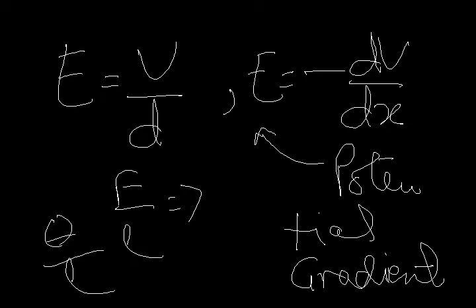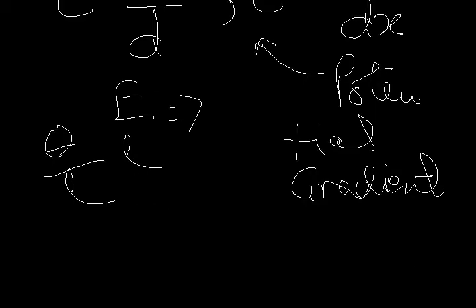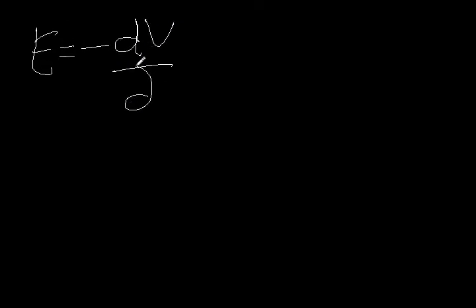But more important than learning what is potential gradient is the fact of why we are using this negative sign. This negative sign actually implies that V and X are inversely proportional. But many students have asked me, sir, when you say inversely proportional, if I multiply X there, then I find V and X is directly proportional.